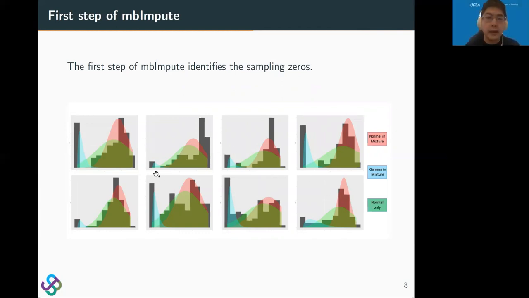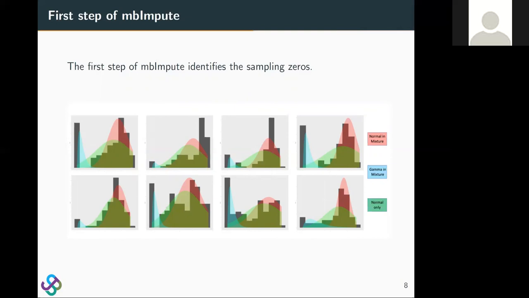Oh yeah, it's actually a mixture model approach. I use the gamma-normal mixture to fit this kind of distribution. The key thing is that we're fitting one distribution per taxon. We're looking at, for one taxon, its abundance across samples. If there is no sampling error, we expect the distribution to have one mode.